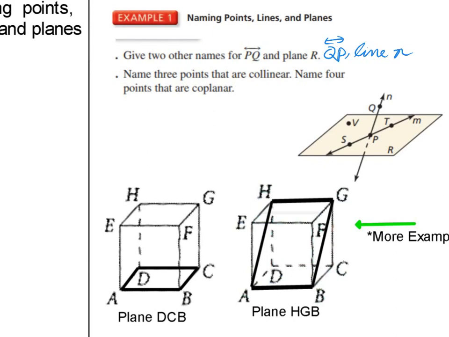Okay, it says name 3 points that are collinear, name 4 points that are coplanar. Oh, I have to also name plane R in a different way. So what's another way I can name plane R? Well, I'll start. SP what?